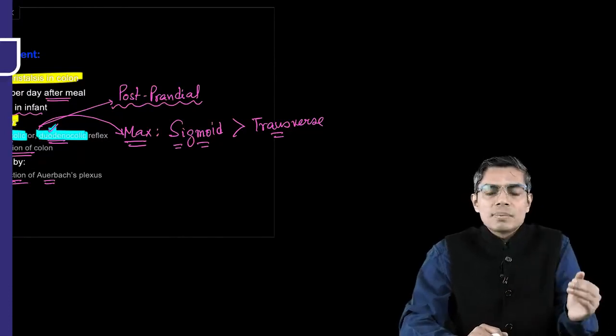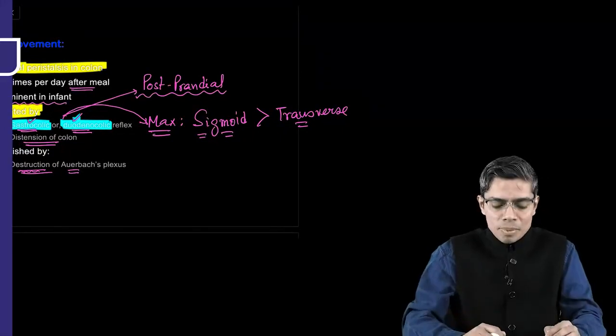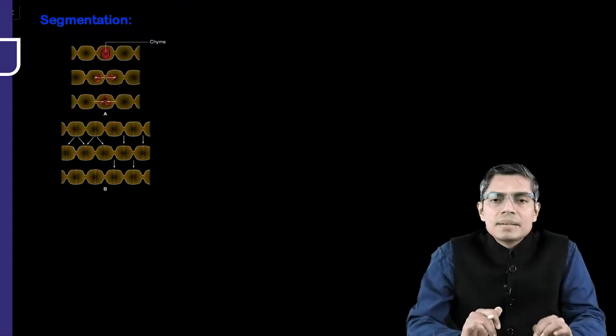Now look at the other movement, that is the segmentation movement, or the major or predominant movement in the fed state of the GIT. If you look at this diagram carefully, you will understand the segmentation movement.